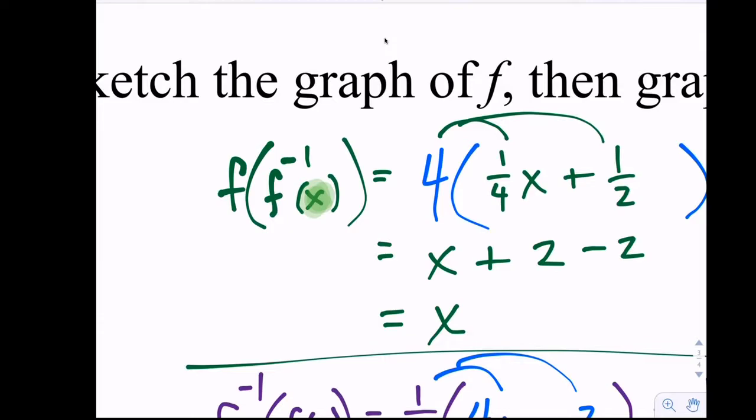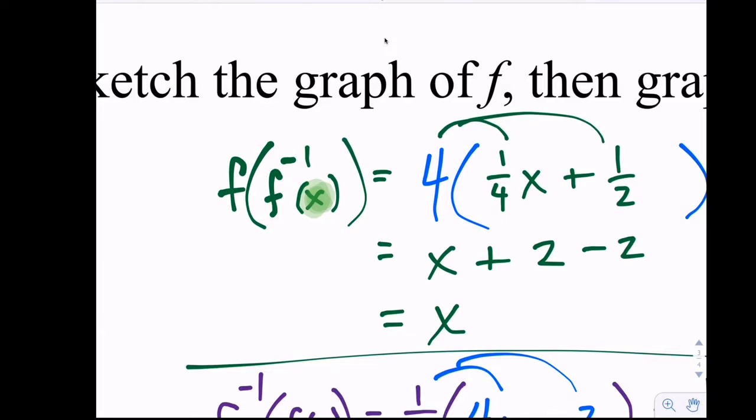They undo. So if one function takes me 2 steps to y'all's right, the inverse should take me 2 steps back to my left, and guess where I'm at? I'm right where I started, at x, right? I started at x, I ended at x. Does it matter the order? What if I first take 2 steps to y'all's left? Now I'm over here. Hello, everybody. Now I undo that, I apply the inverse, which would be 2 steps back to my right.